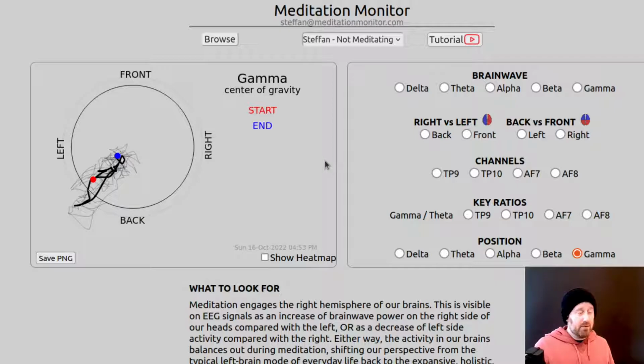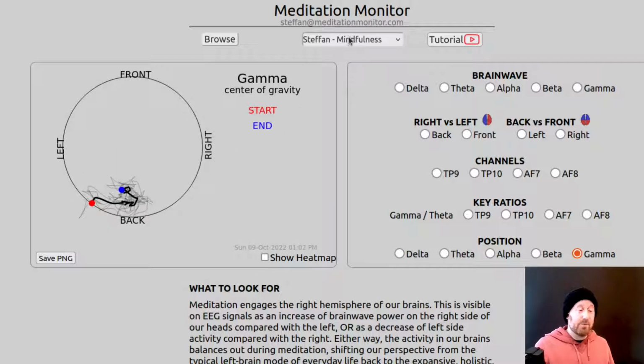So for me, for how my brain works, this is pretty common for not meditating, and mindfulness starts to drag it to the right. Stronger sessions of meditation tend to make it more exclusively right. So there's this shift from left to right, and sometimes from front to back.